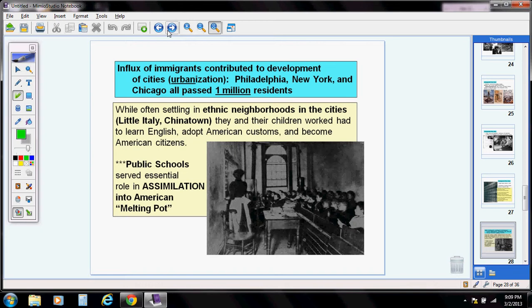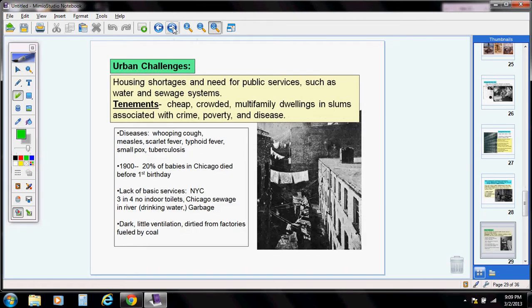Public schools will serve an essential role in this process of blending in to, or assimilating into, what's known as the American melting pot, where a number of different cultures come into a new American culture as children learn English and American history and American customs.